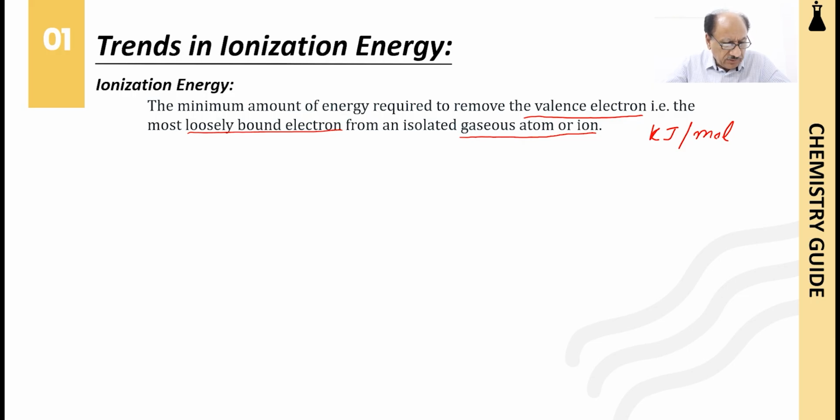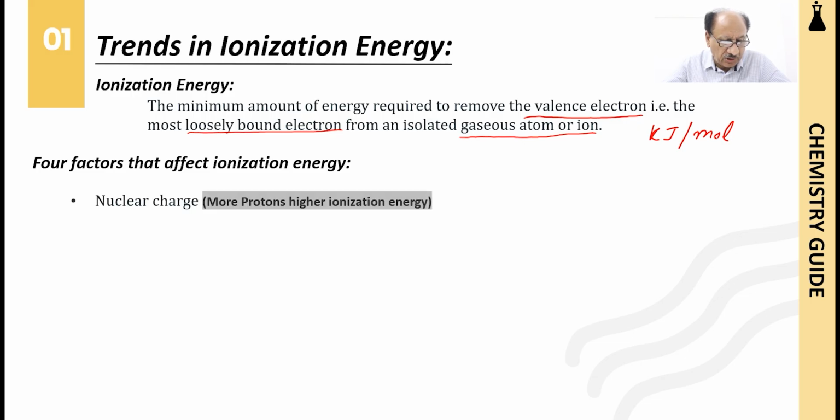Now, after defining ionization energy, we will discuss four factors that affect ionization energy. What are those four factors? First of them is nuclear charge. The higher the nuclear charge, protons are inside the nucleus and electrons are outside the nucleus, the higher charge inside the nucleus will pull electrons with a higher force, and you require more ionization energy to remove the outermost electron.